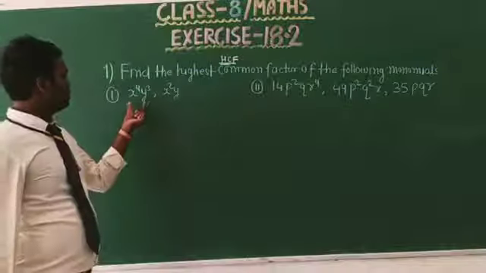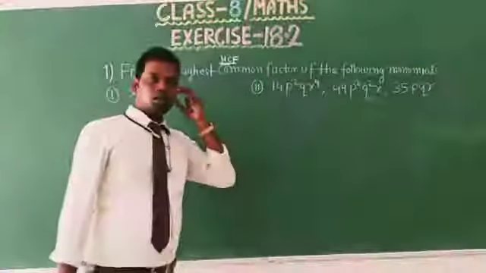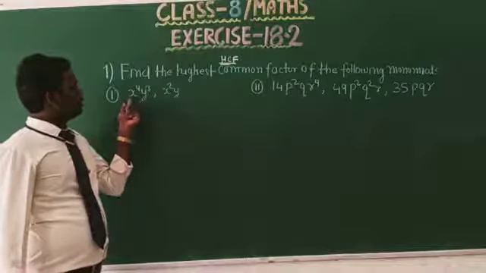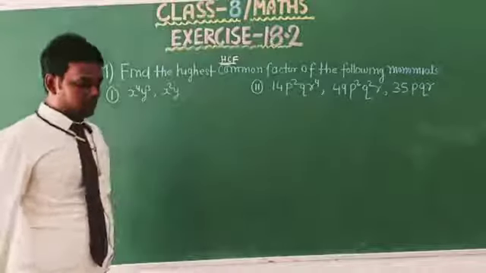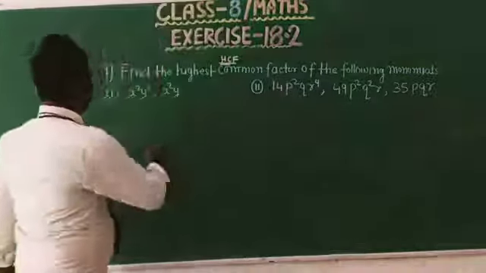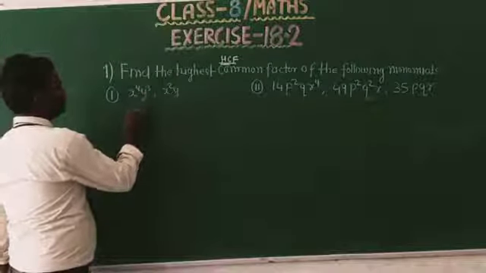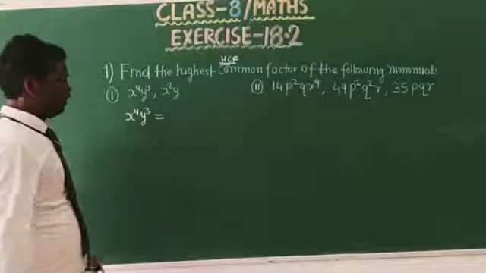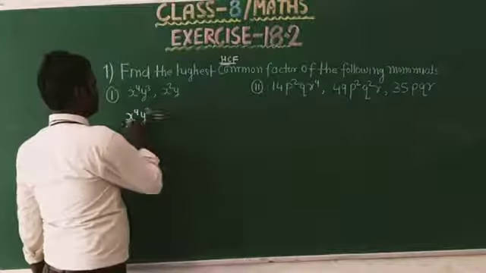Okay, so the highest common factor will be found by writing the given expressions in factor form. So now write the given expression. This is x to the power 4 y to the power 3. Okay, so I will write its factors.